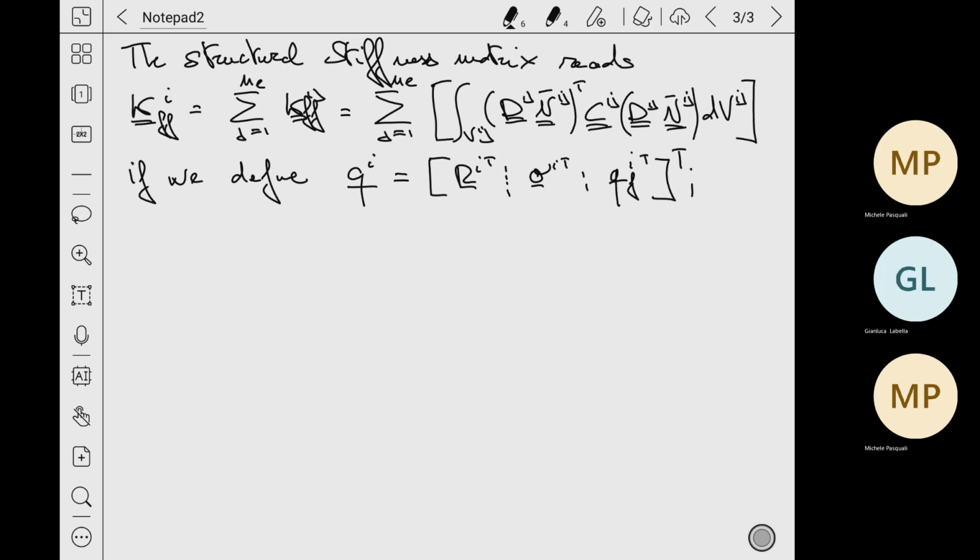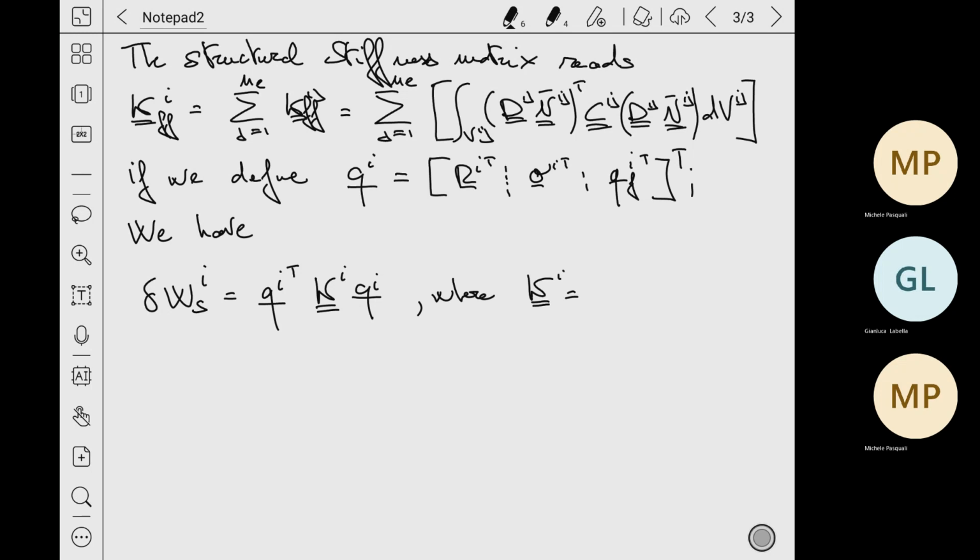If we define Q in such a way, we have that delta WSI, as usual, can be written as QI transposed KFF, no, sorry, not KFF anymore, just KI times QI, where eventually KI is, as we know, just a composition of the structural stiffness matrix KFFI.